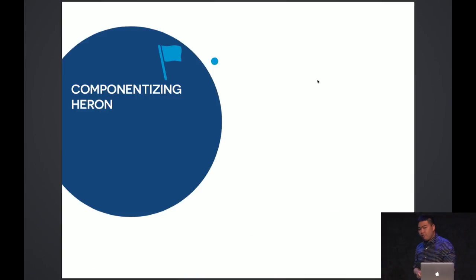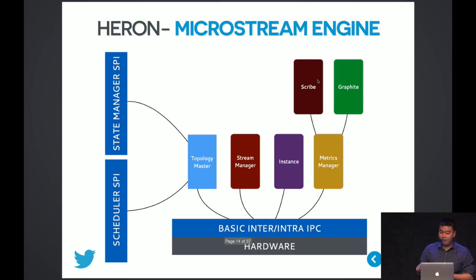And here I want to talk about the design goal of Heron: componentizing Heron. We want to make Heron a microstream engine. What does it mean? We want to make Heron into a bunch of small subsystems, providing some API, some type-safe interface for them. That means you don't need to take the whole Heron for your scenarios.